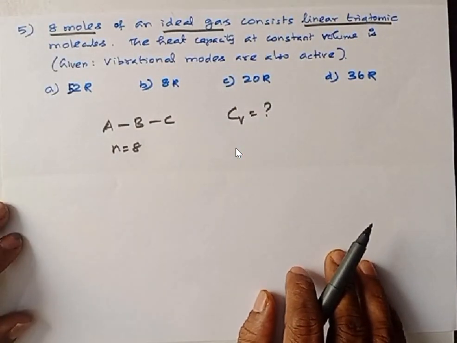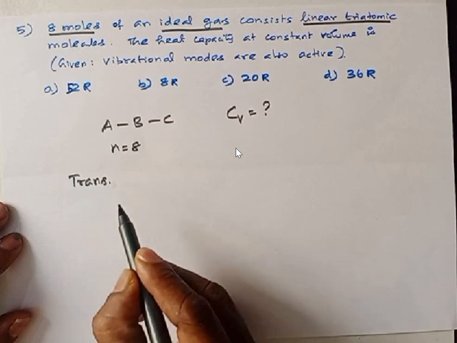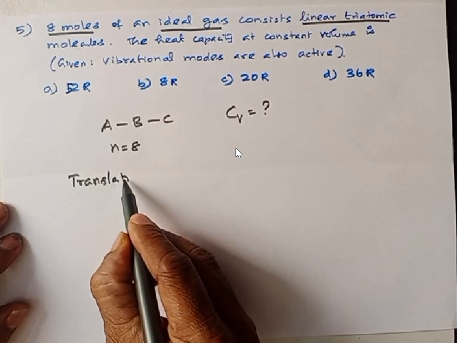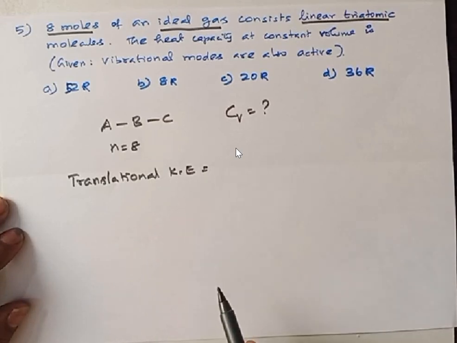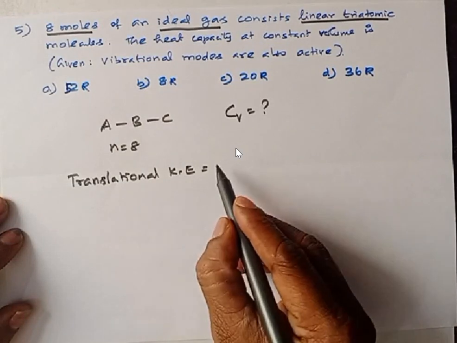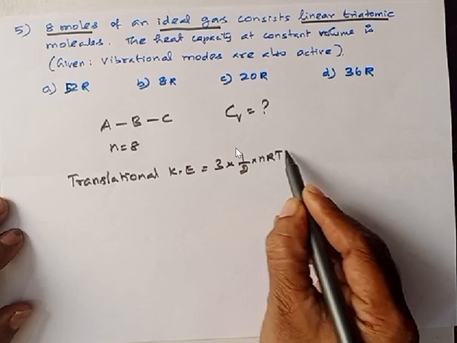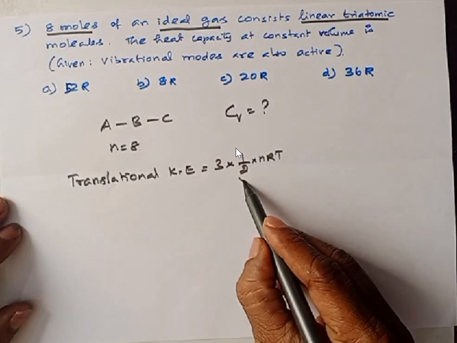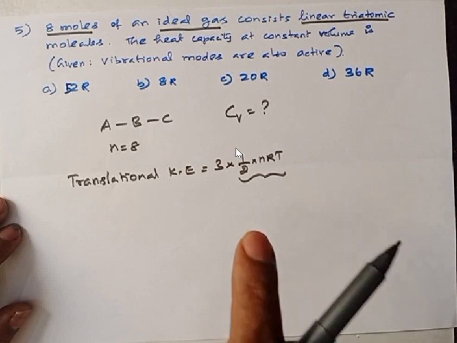We know very well, translational kinetic energy according to the equipartition theorem. For any molecule, there are 3 modes of translation. So 3 into half nRT. This is the energy per mode, per mole.